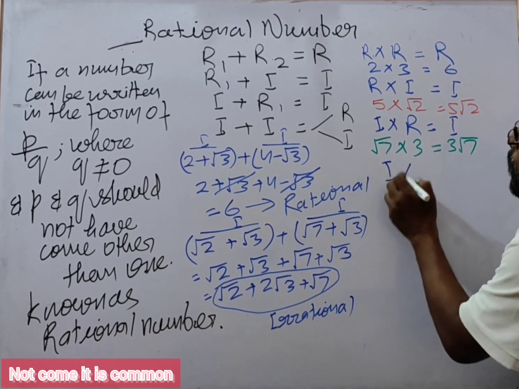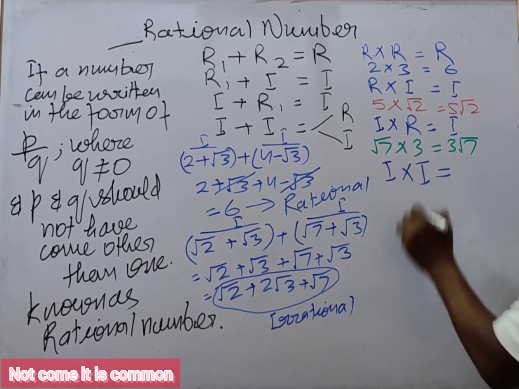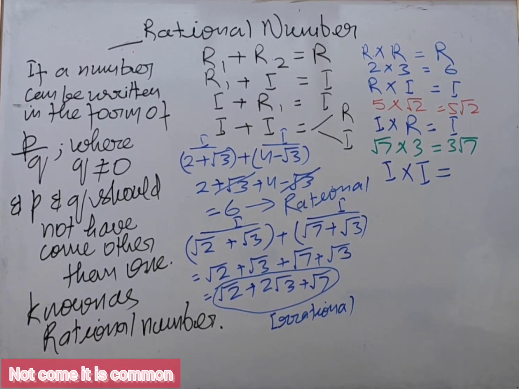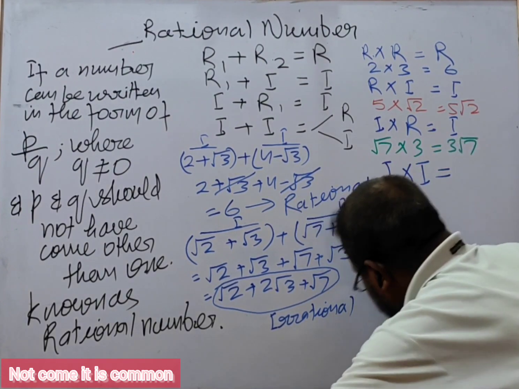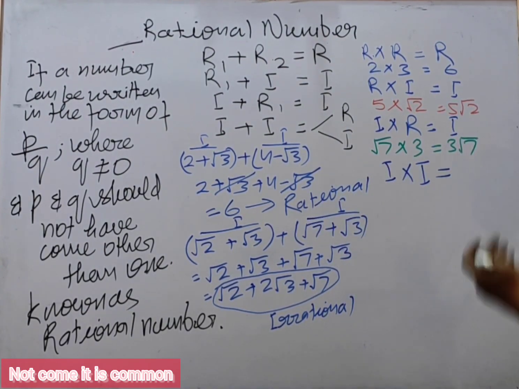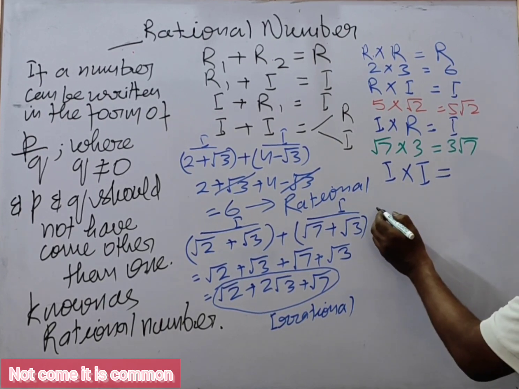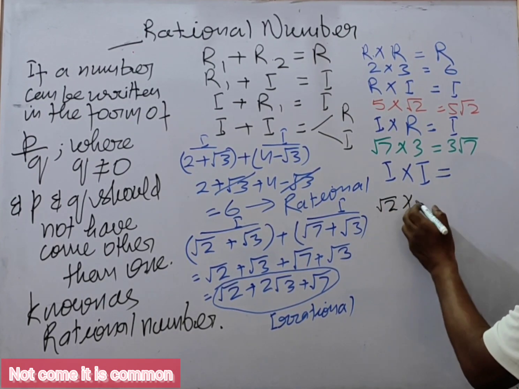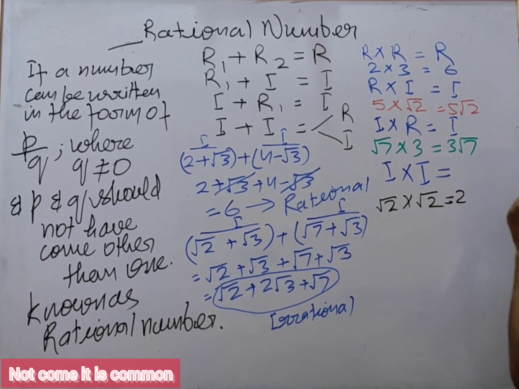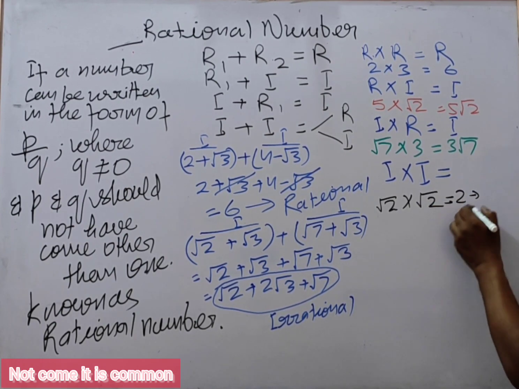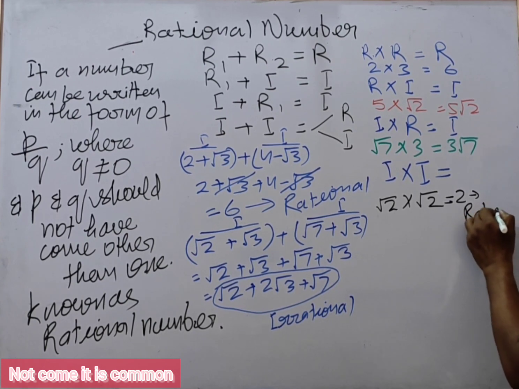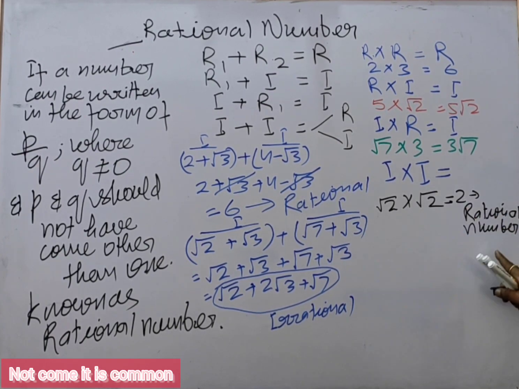Irrational number into irrational number, then what happens? Root 2 into root 2 is 2. It is a rational number, right?